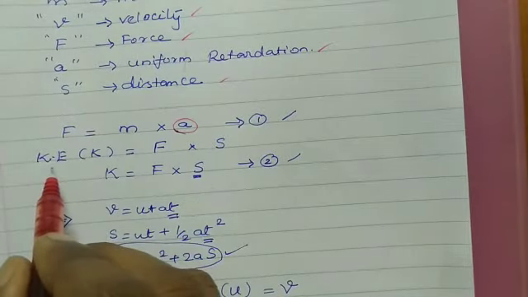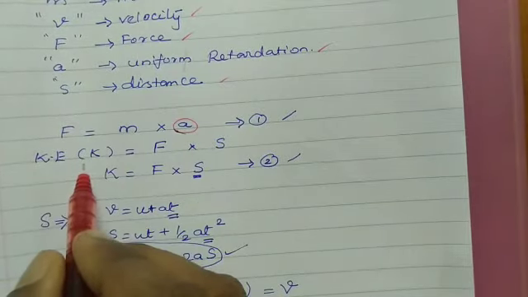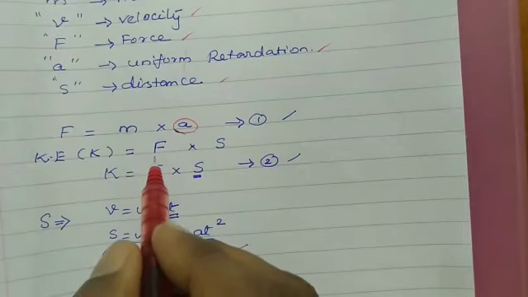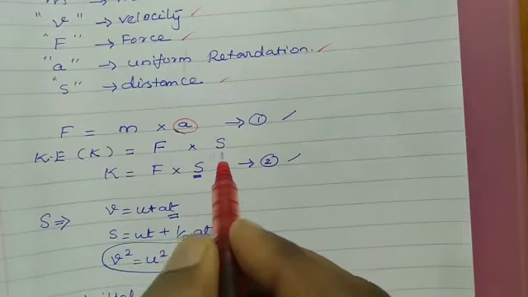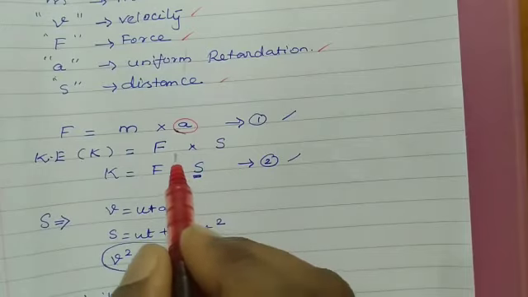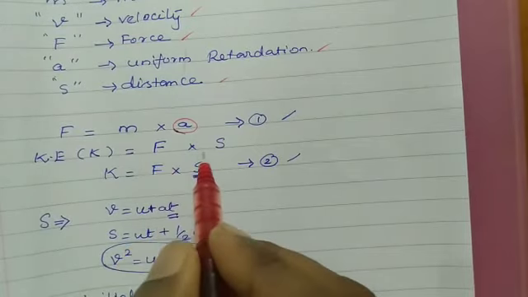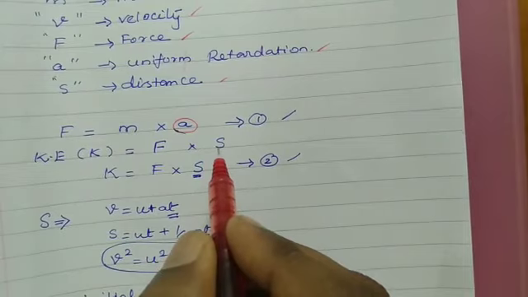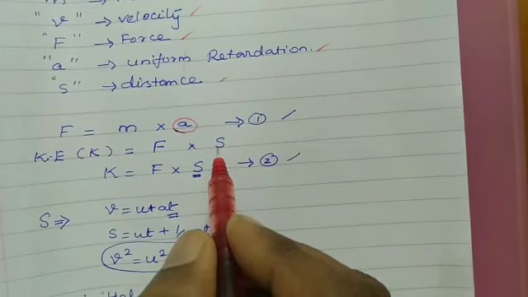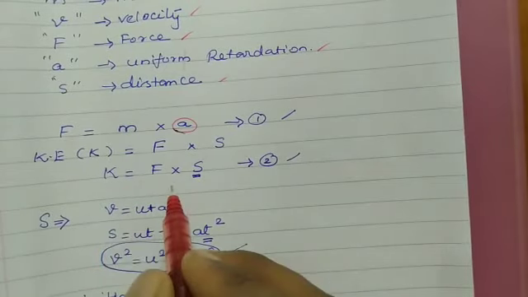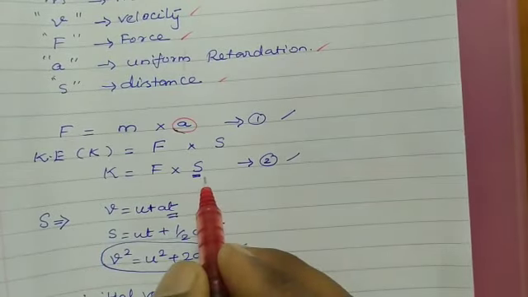So the kinetic energy K equal to retarding force F into displacement S. So K equal to force into displacement.